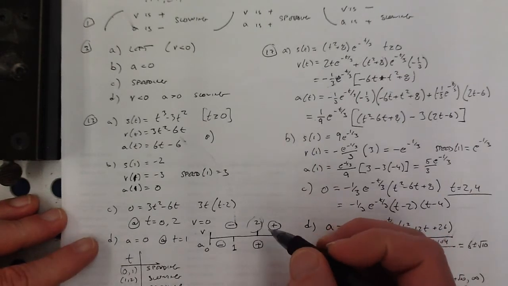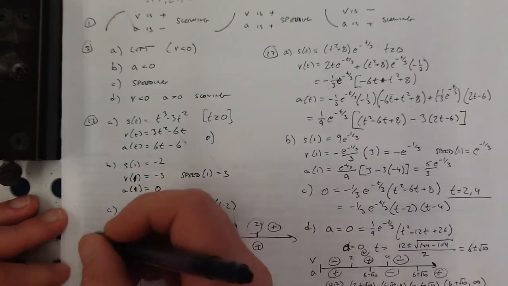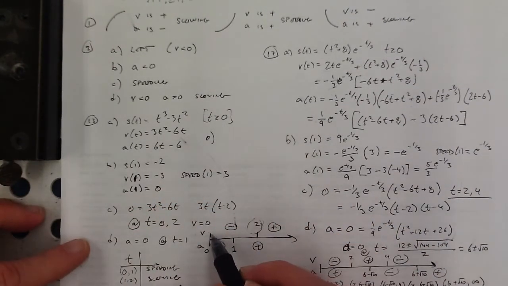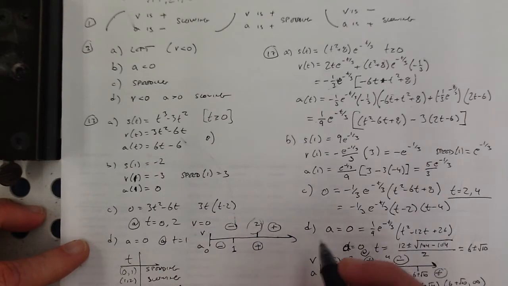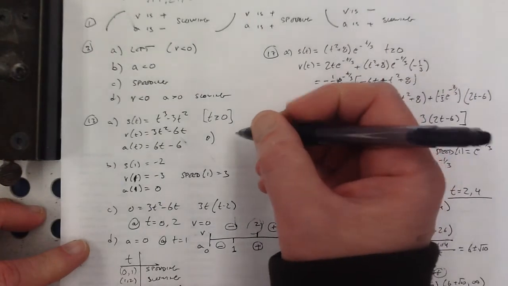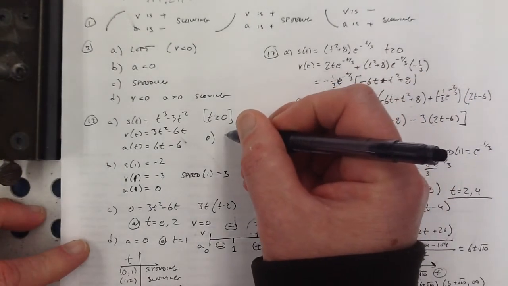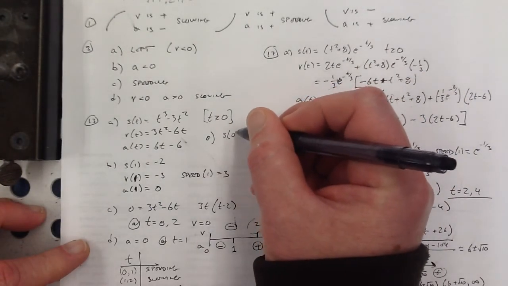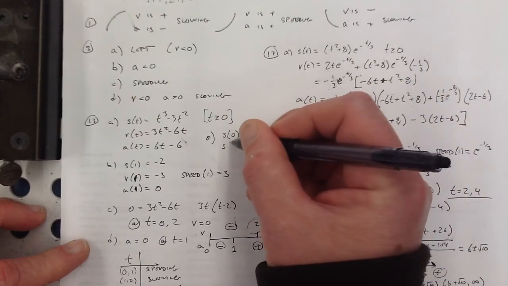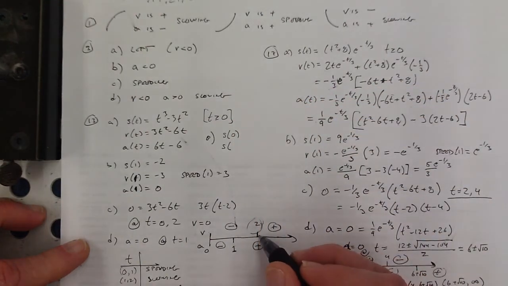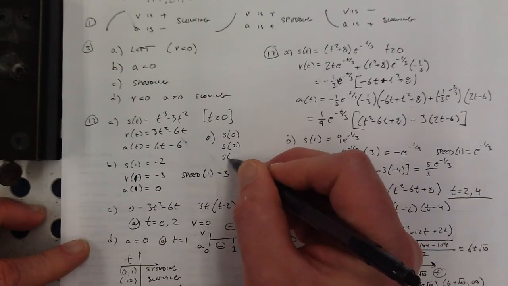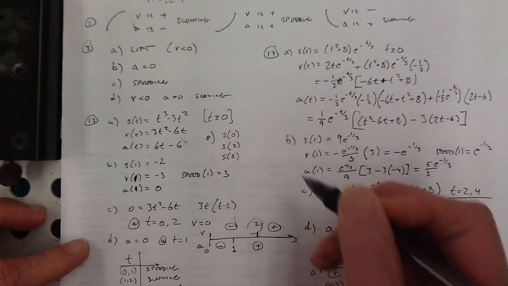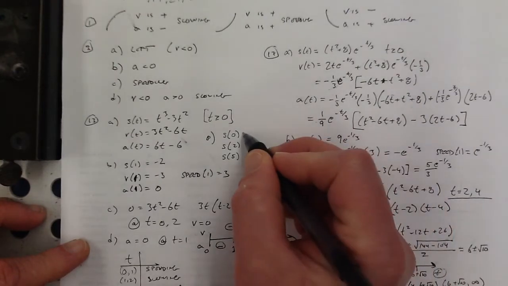The turnaround points are going to give me the two different legs of the journey where it's going backwards and then forwards again. So what I need to do to find that total distance is figure out what is the position at time 0, what is the position at time 2, because that's my turnaround point, and what is the position at time 5, because that's the end of the interval.